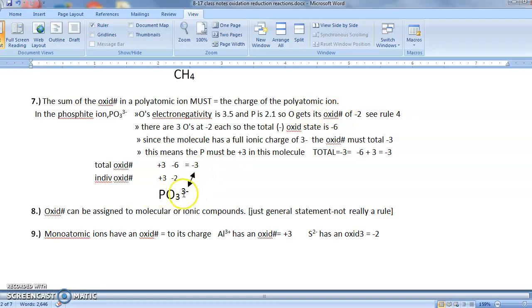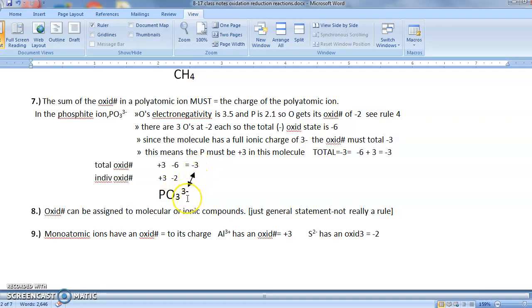Here's our phosphite ion, PO3 3-. The oxygens get their oxidation number of -2. We have 3 oxygens at -2, so the total is -6. The total of the oxidation numbers of phosphorus and the 3 oxygens must total -3.